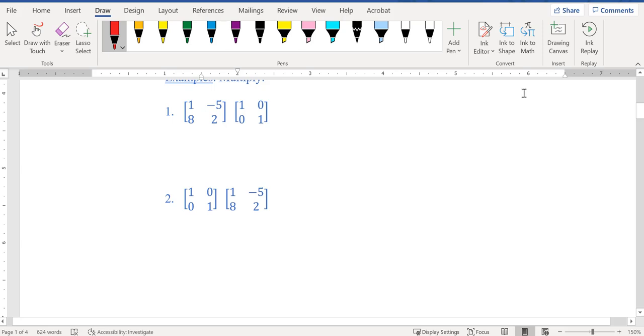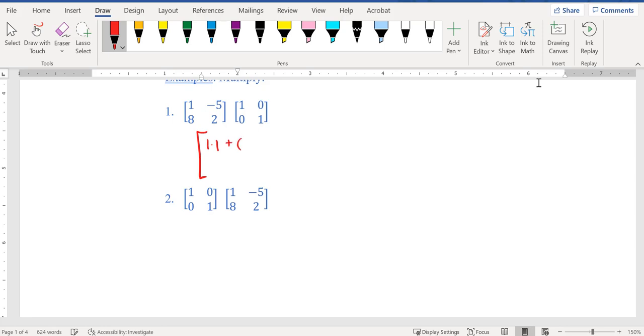Since we're not doing this by hand, I'm going to do one by hand, and then I'm not going to do any others by hand. I would do 1 times 1 plus -5 times 0. That's my first element. Then I'm going to do 1 times 0 plus -5 times 1.